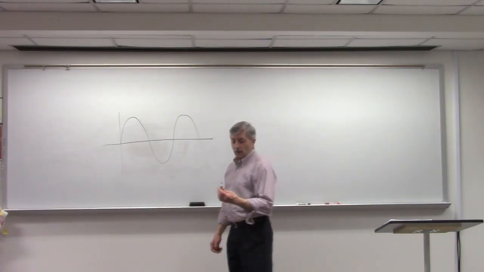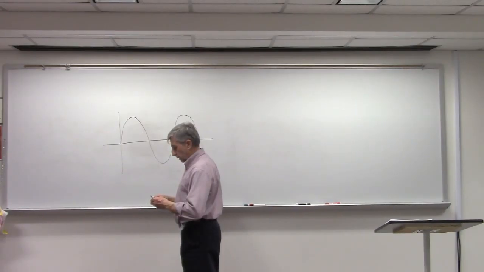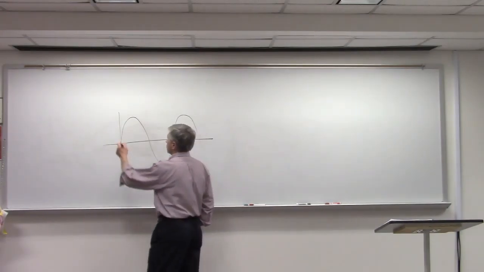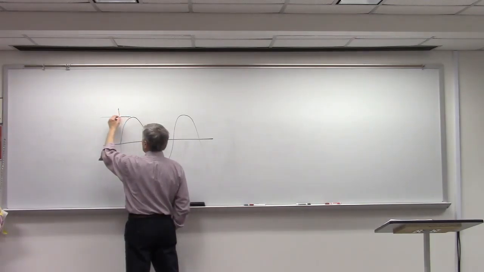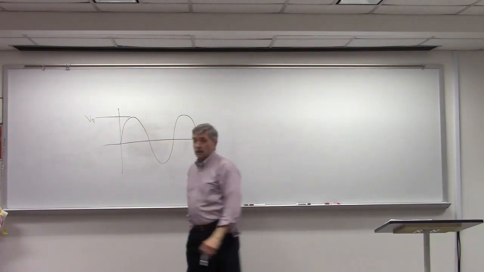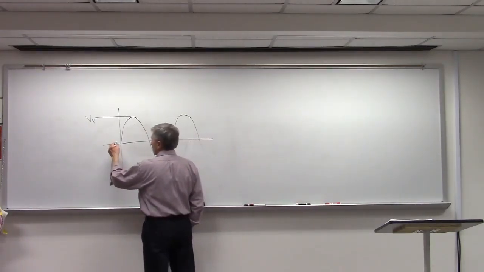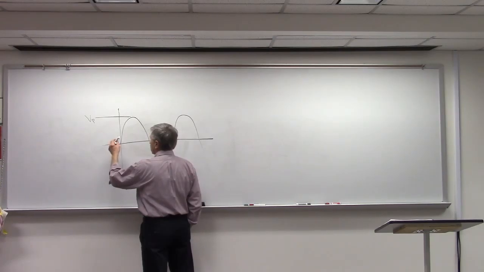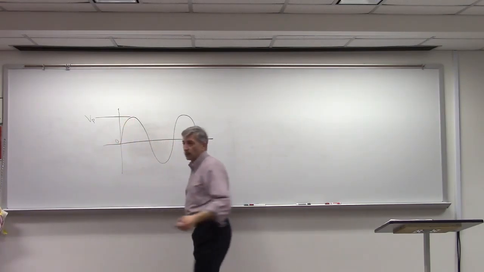So the first thing that we do is we want to quantify this, and the first parameter that is mentioned in the text is the peak value of the sine wave. So if this is a voltage, the peak value is the value of the wave from the x-axis to the topmost peak.